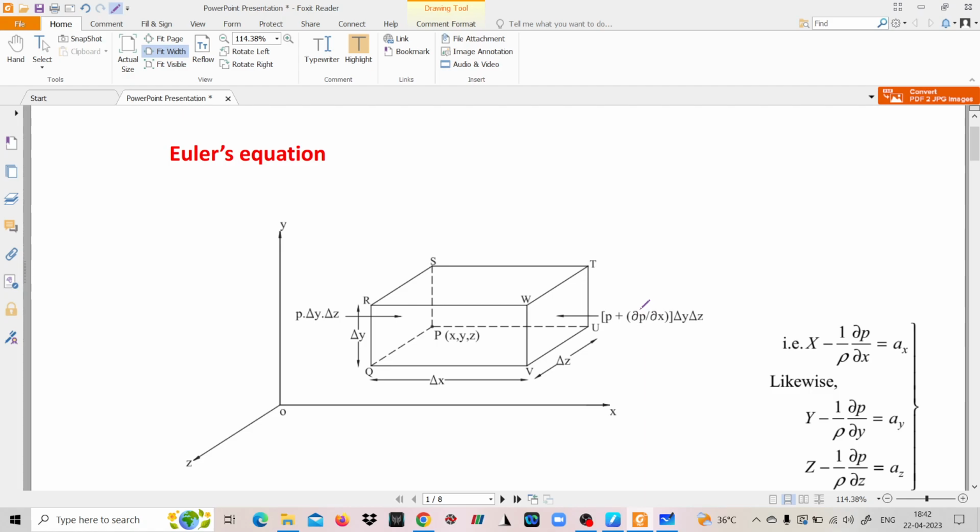Now this point P, whose coordinates are x, y, z, and at this point P the velocity field along x, y, and z direction is given by u, v, and w components.